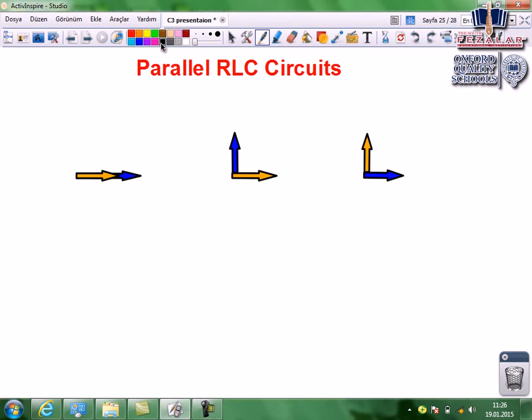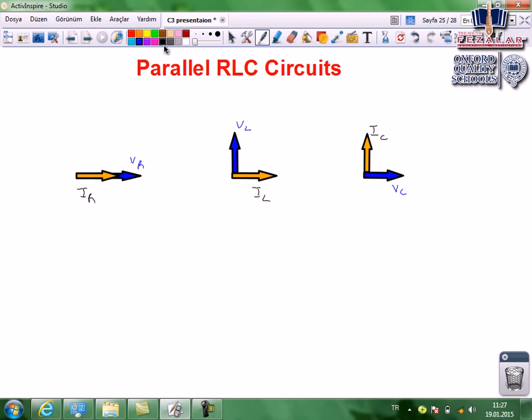Here we will talk about parallel combination of RLC circuits. All orange vectors are again current, like in series combination. This is also current IL, and this is current on capacitor. And the blue ones are VR, VL, and VC.